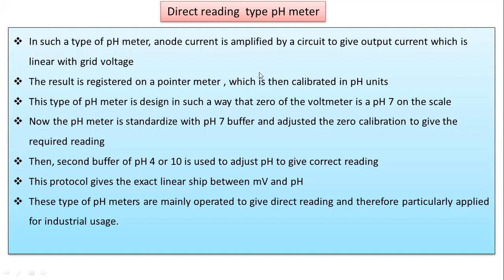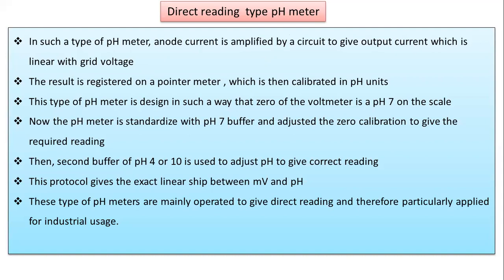Then the other one is the direct reading type of pH meter. In this type of pH meter, anode current is amplified by the circuit to give the output current, which is linear with the grid voltage. So the main focus is on the anode current, which is amplified by the circuit, and that gives the output current, which is linear with the grid voltage.